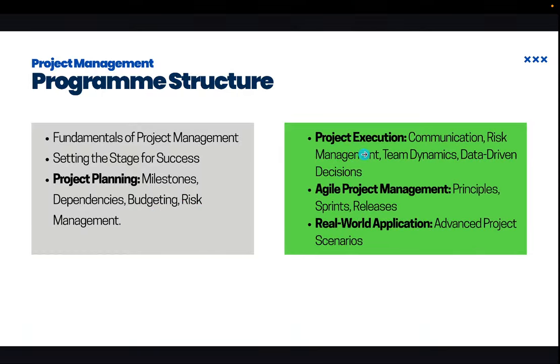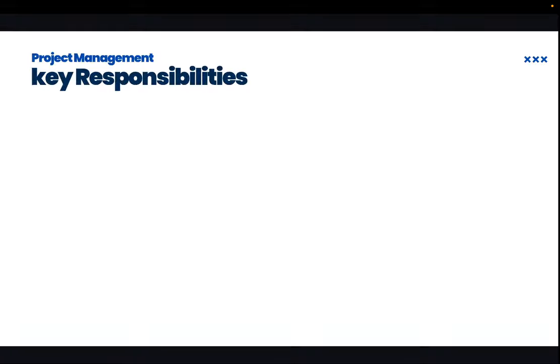Yes, then we move on to project execution, communication, risk management, team dynamics, data driven decisions. Then we look at agile project management, right? We'll look at the principles, the sprint, and the releases. Then we look at the real world application where we are going to use a project management tool to manage a project, right? Good. So that's the program structure.